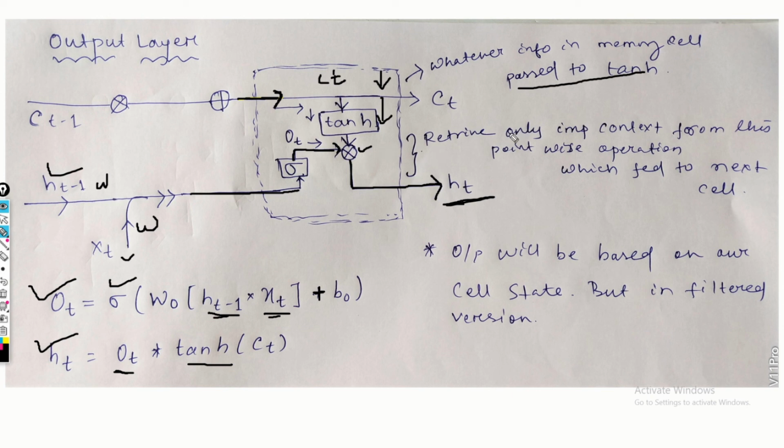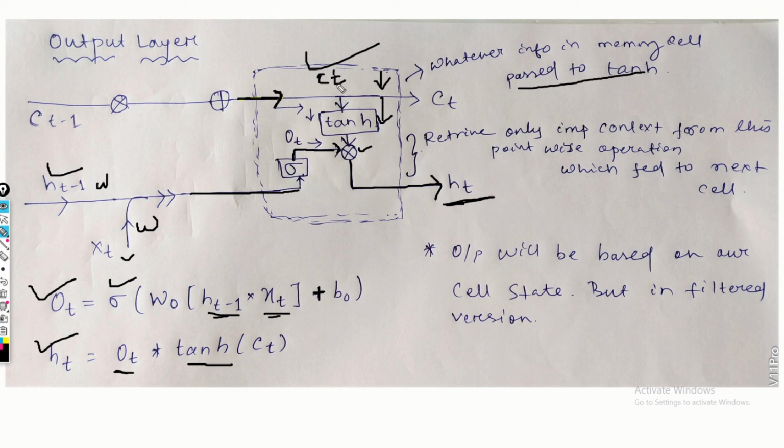This particular value retrieves only the important context from this point-wise information, which is fed to the next cell. How can we guess the important information? Because it is stored in the cell state. We have updated the important information in the cell state. So the cell state has the important information.